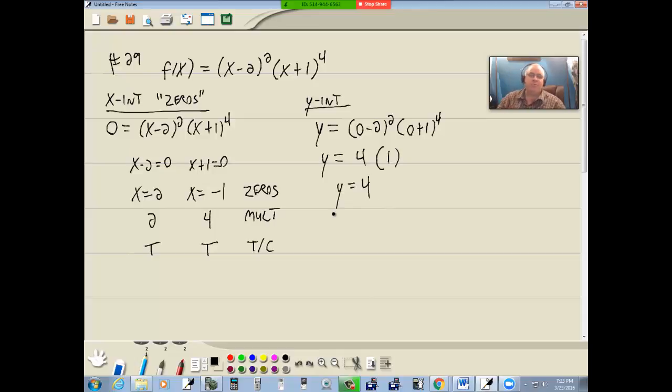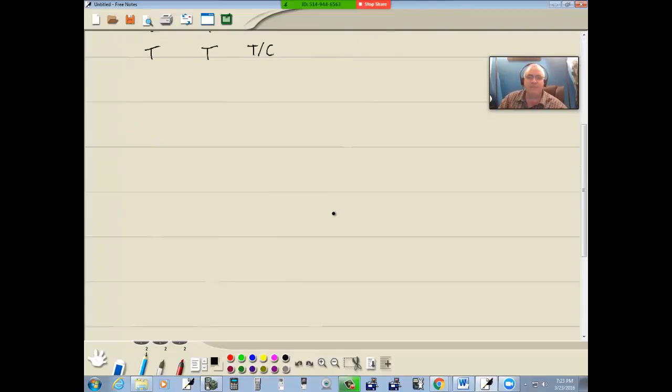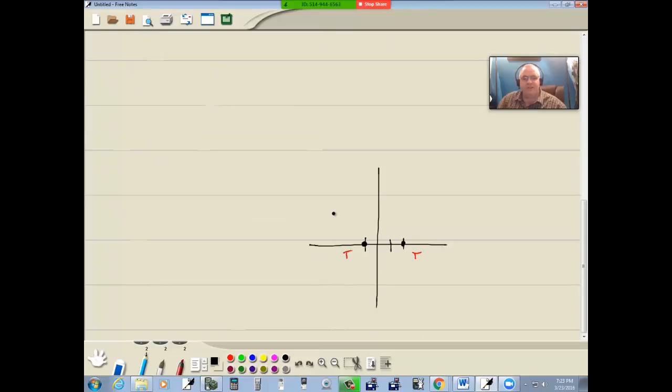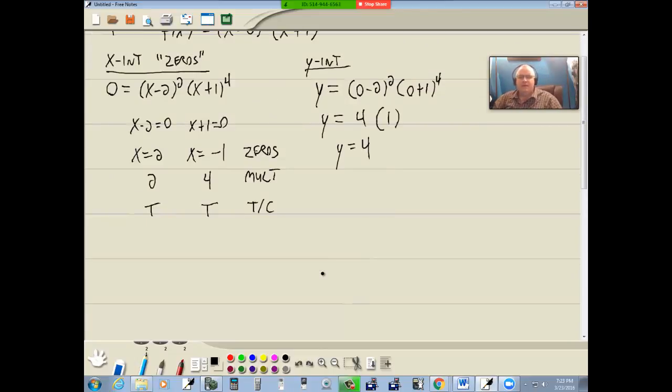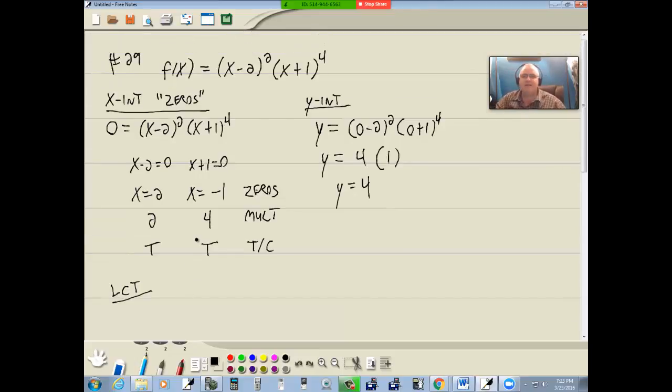So we'd end up with y is equal to 4. Usually the y-intercept is so easy to find that it's worthwhile going ahead and finding that. So that's right there. Okay. Now, our leading coefficient test. Okay, this would be a challenge because it's not in standard form.